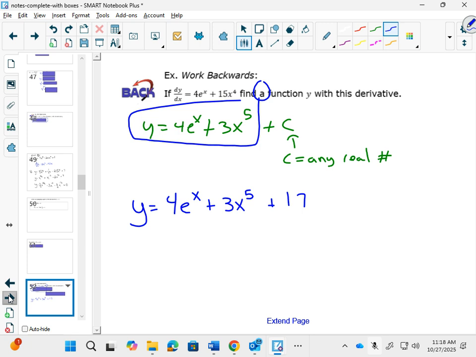So you could add 17 to this equation. Because what happens to the derivative of any constant? It becomes 0. So if you're doing a question like this and feeling like, I like to include my favorite number a little bit more, you can do that. You can have that plus 17 there, or whatever number. 17, good number. I like it. Thank you. Okay?